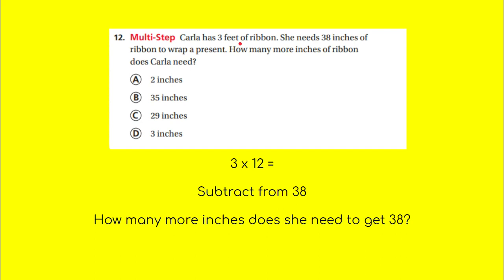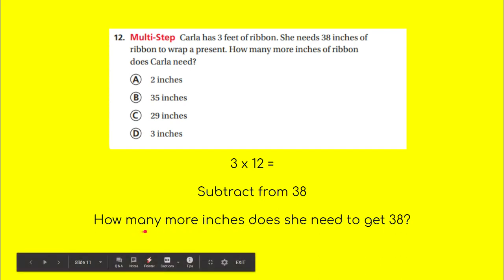So I'm going to multiply by 12. 3 times 12. Then I'm going to subtract from 38. How many more inches does she need to get to 38? This one's a little tricky. Be careful.